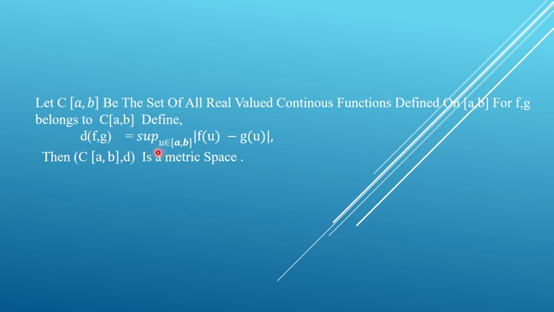So we know that in order to prove it a metric space, we first of all have to show that this function is a metric. There are four conditions that we have to satisfy. The very first condition is that d(f, g) is greater or equal to 0. So I just want to use a board to prove this example.